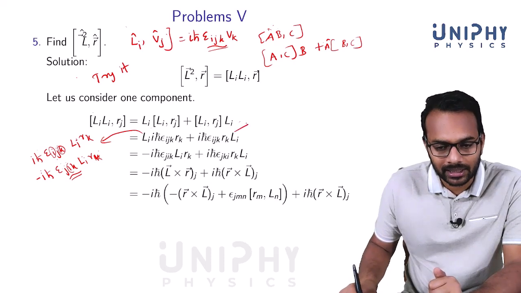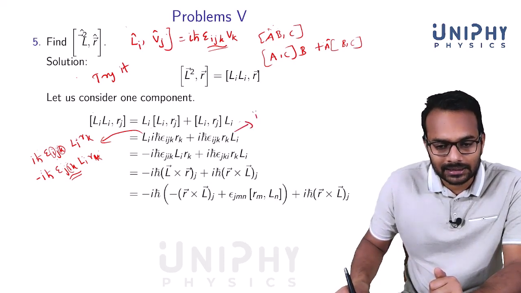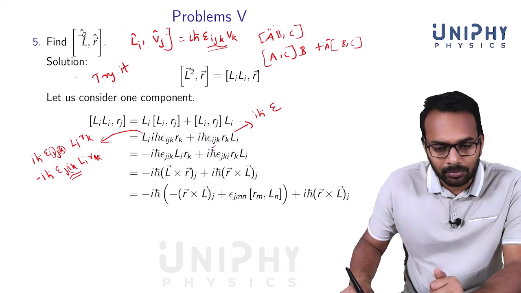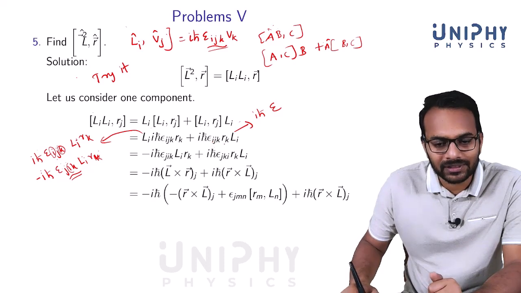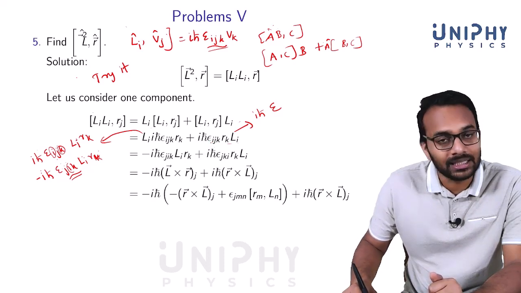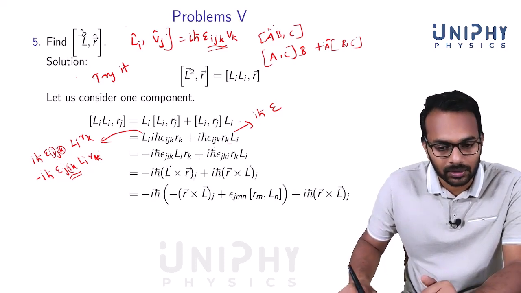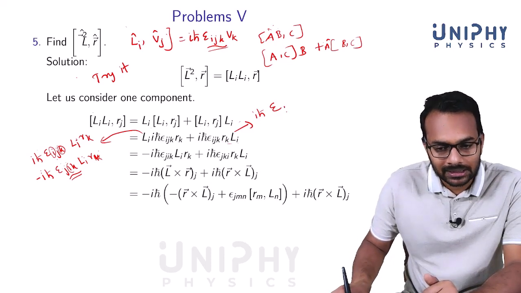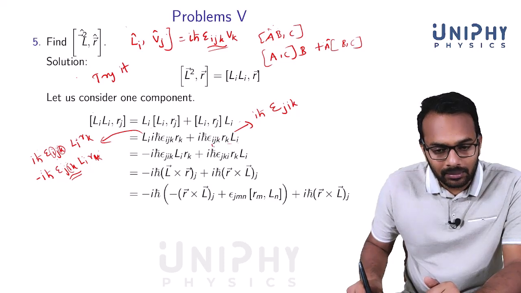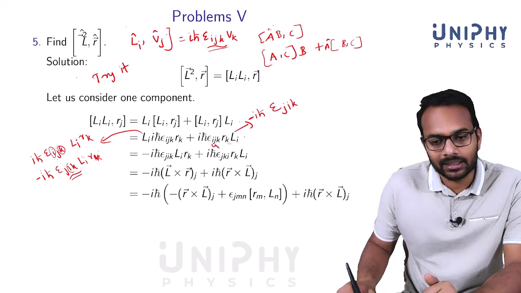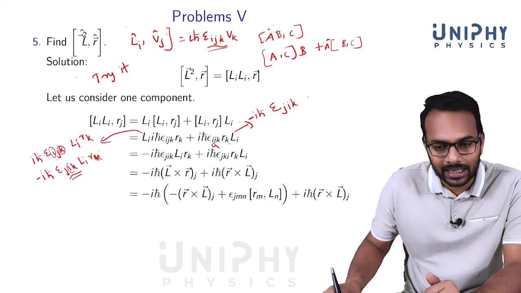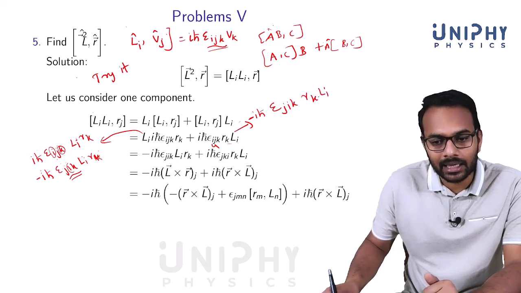First I'll interchange: I'll bring this j here, because the free index, whichever index is not summed over, we need first. That's the thing you need to remember. The index that's not summed over is j, and then I write ik. Only by interchanging this, I got a minus sign: minus iħ epsilon jik Rk Li.